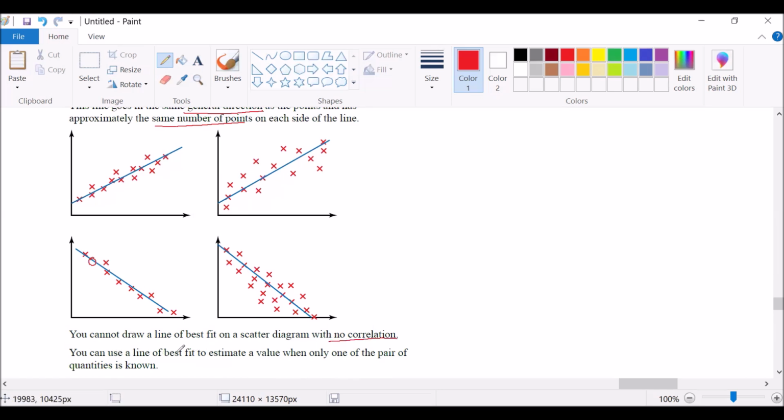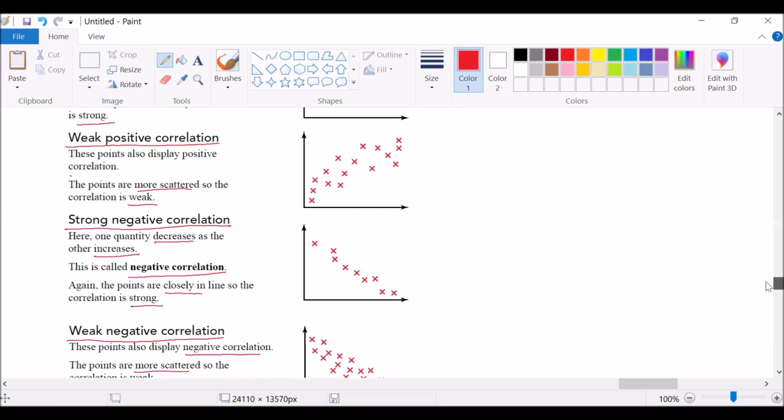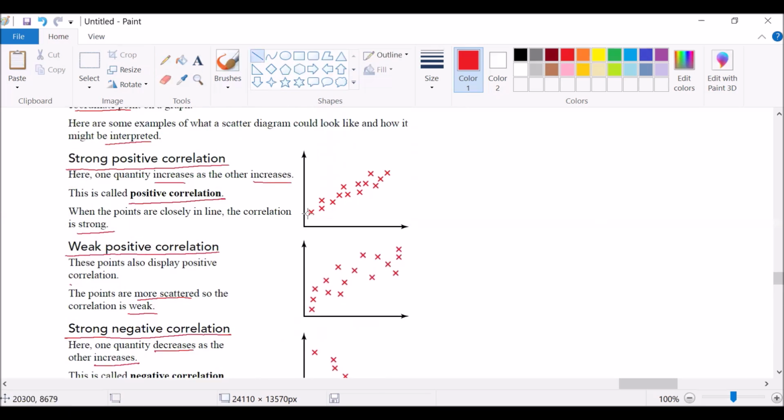You can use a line of best fit to estimate a value when only one of the pair of quantities is known. An estimate should only be made if the given value is within the range of the data used in the scatter diagram. If it is outside the range, the estimate will be unreliable. So a line of best fit is an estimate.